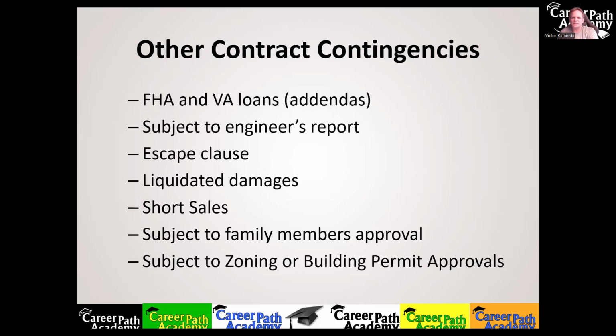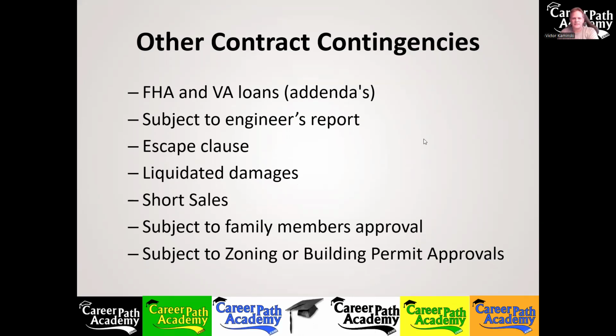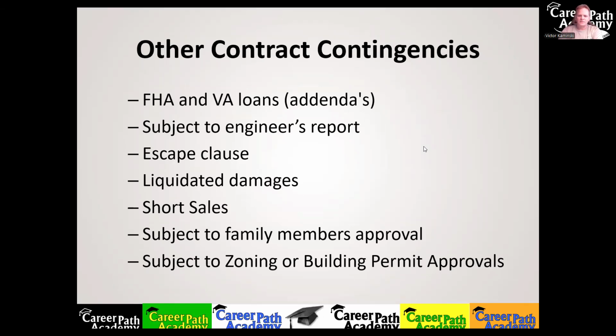If it's subject to an engineering report, an engineer's report, or an escape clause. Ooh, what is an escape clause? That sounds juicy, huh? Anyone know?